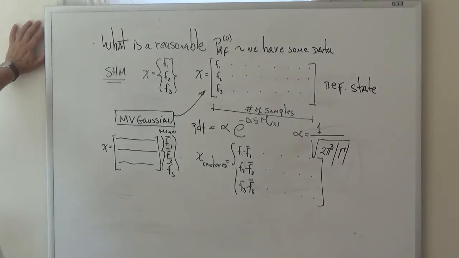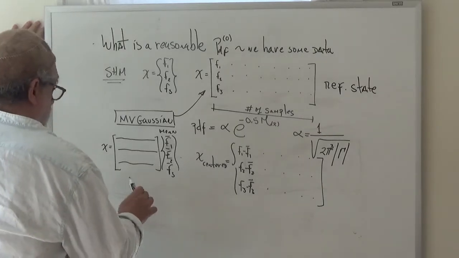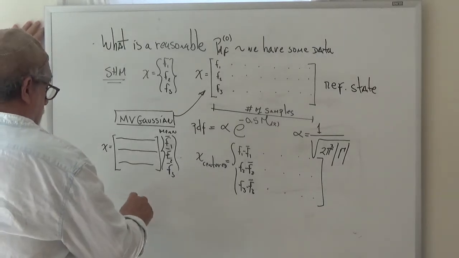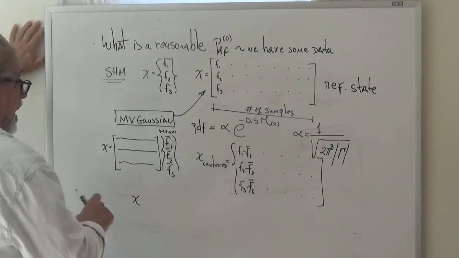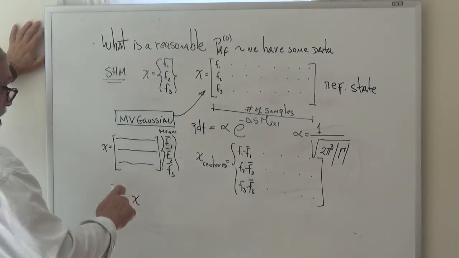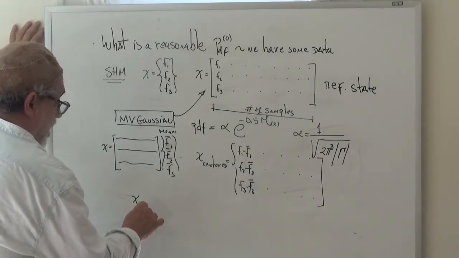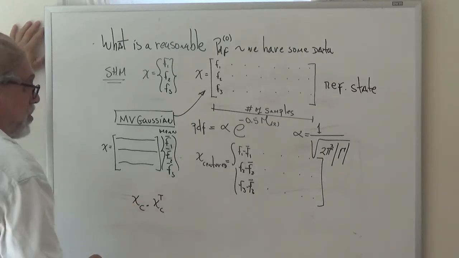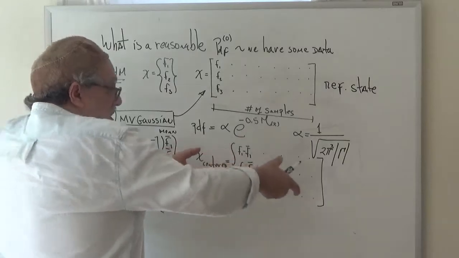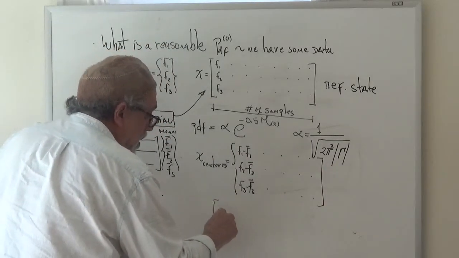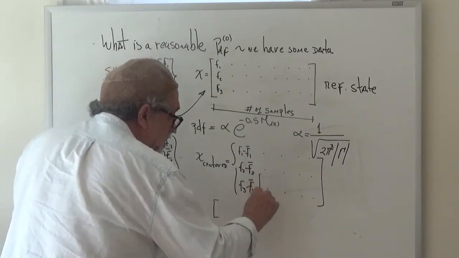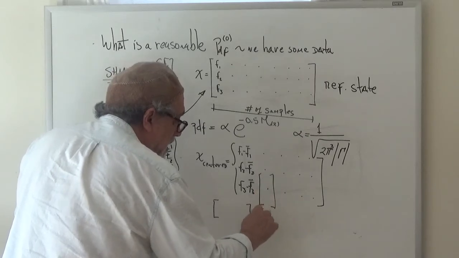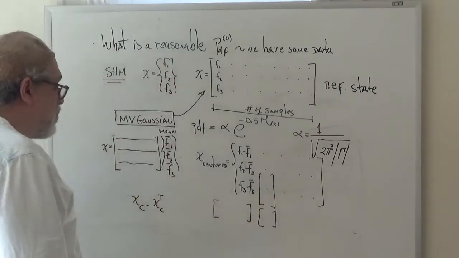Now that we have our data centered to the mean, then we say, let's see, x centered times x centered transpose, that is this long thing, multiplied times this thing like that, gives us a matrix which is 3 by 3, right?